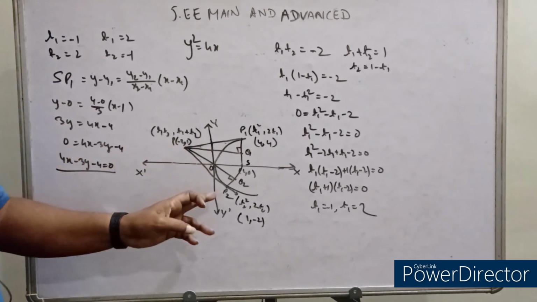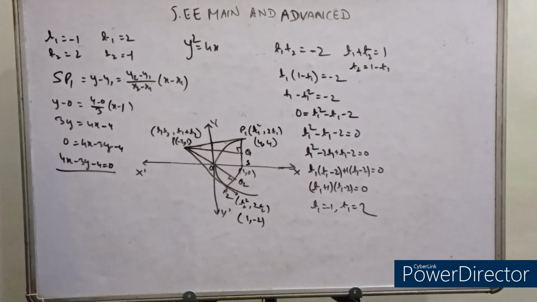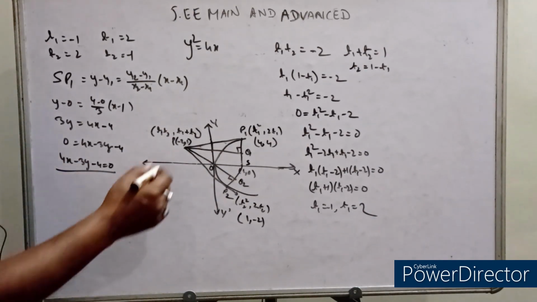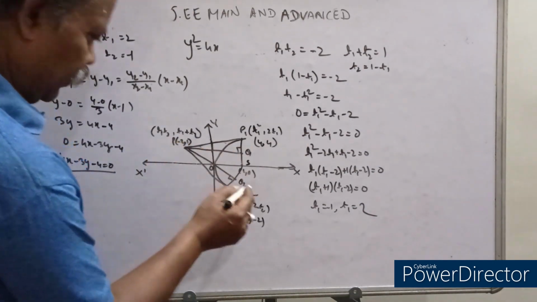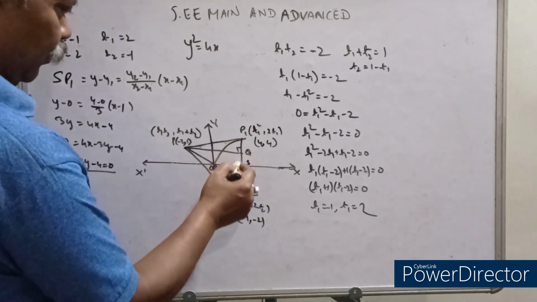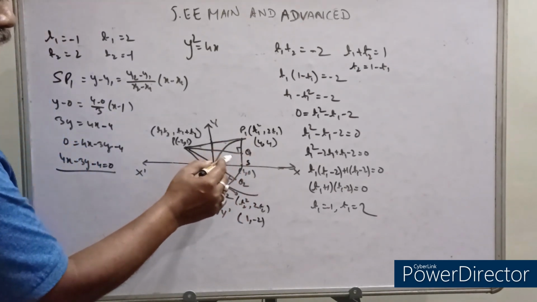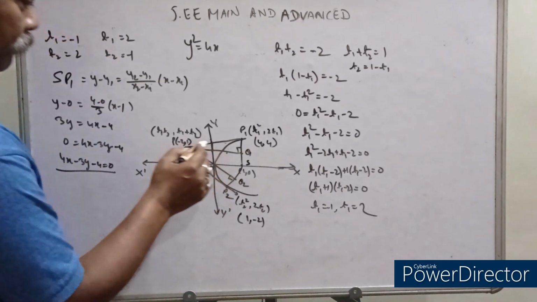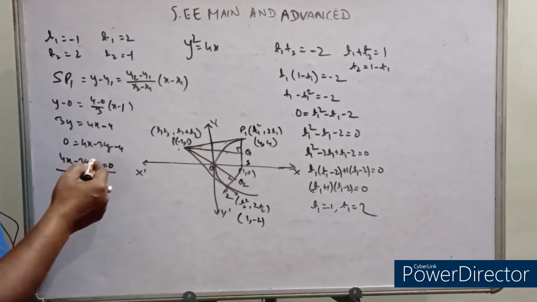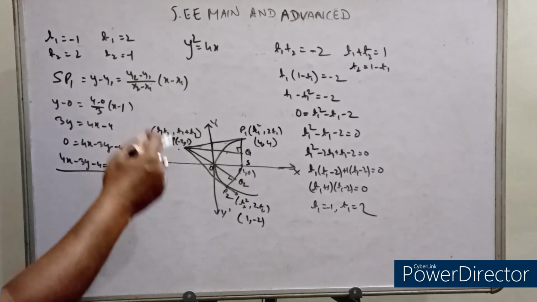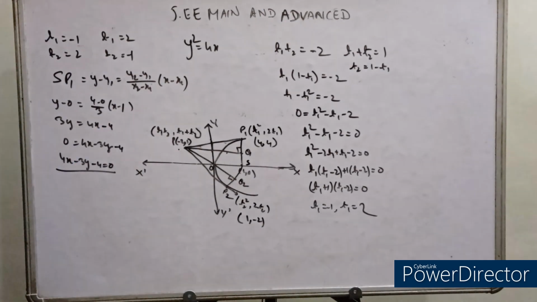Similarly, you can find the equation of SP2, whatever you like. You can also find PQ1, PQ2, because if you find this slope, and m1 times m2 is minus 1, from this you get the slope and the point-slope form. So I have just shown one of it, and the rest you can do yourself.